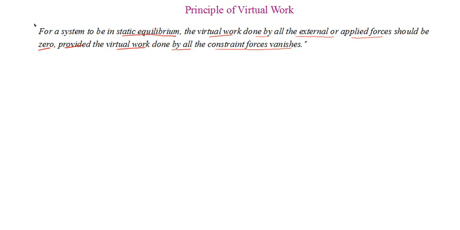The significance is that this principle gives you the condition for a mechanical system to be in static equilibrium. So the principle of virtual work deals with the condition for a system to attain static equilibrium, and finding the possible equilibrium configuration of a system is very, very important in many physical systems, many engineering applications.